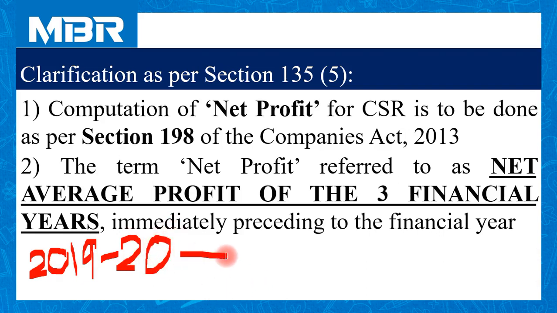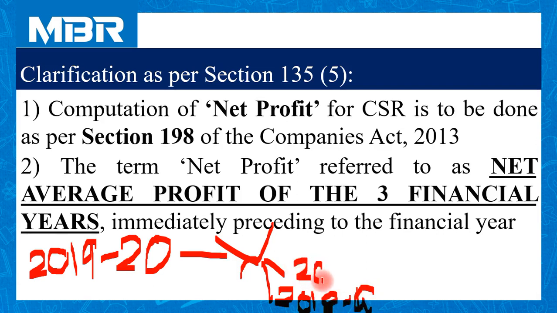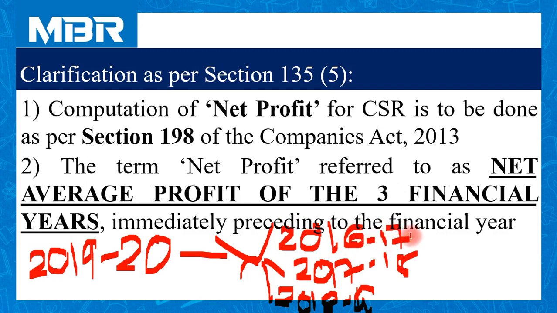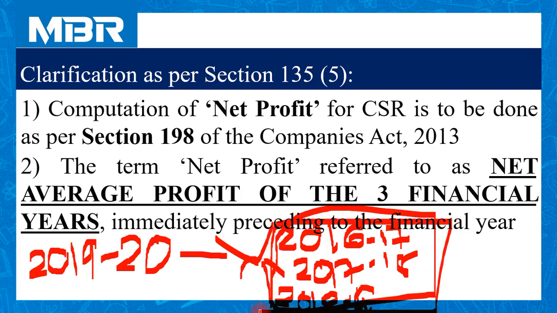So, immediately preceding 2019-20, first 2018-19, second 2017-18, and third 2016-17. So we need to consider the average net profit of these 3 years.